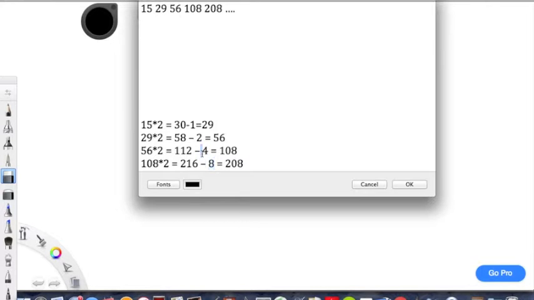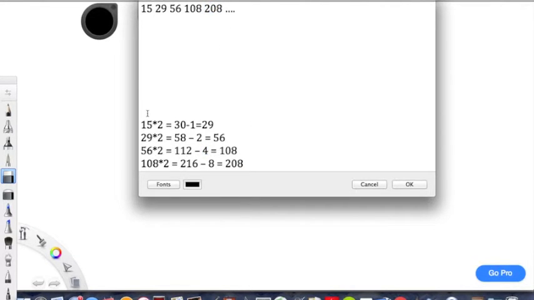So 4 was the previous subtrahend, the subtrahend we used to find the fourth term of the sequence, and we multiplied 4 by 2 in order to get 8, and that's our subtrahend that helped us to find this term 208.